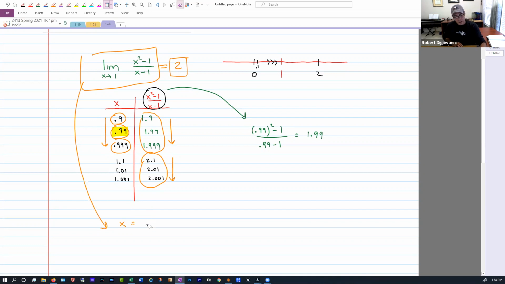So they're basically telling you what numbers to plug in here. And then you just plug them into the function, use your calculator, and see if you can see a pattern of where it's headed. Does that make sense? Okay, that's not super critical in this class. I'm not going to test you on this, but in your homework, they want you to do it. All right.